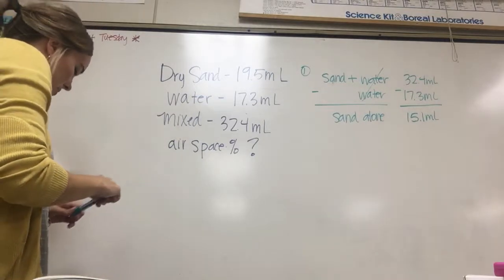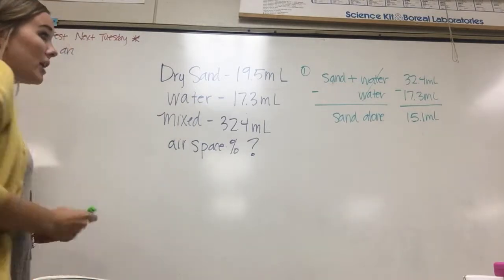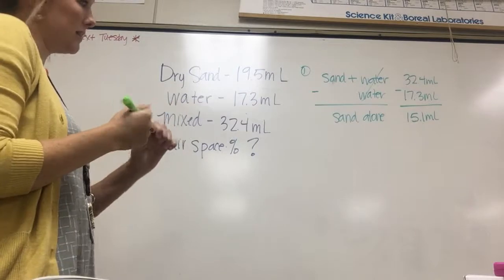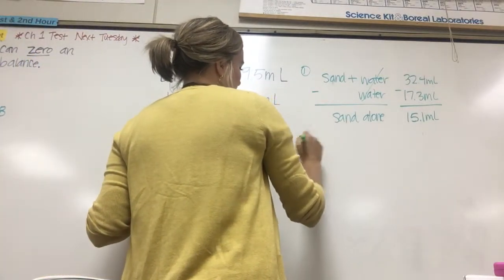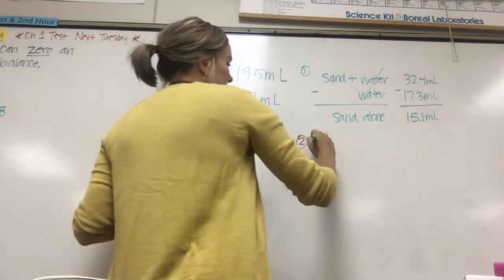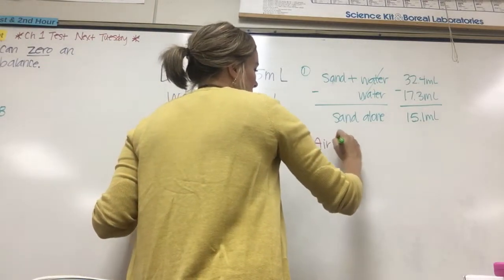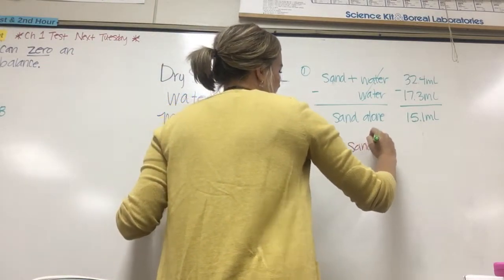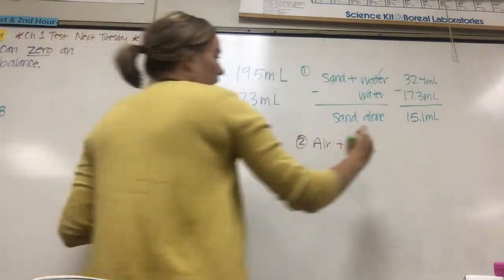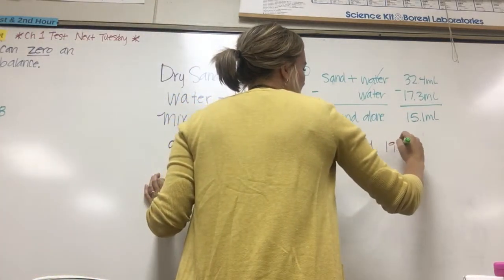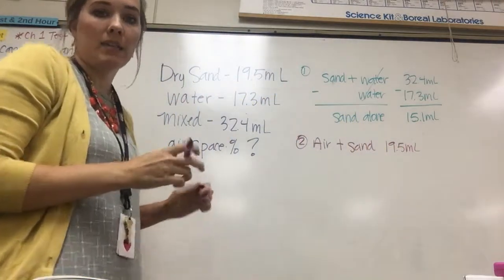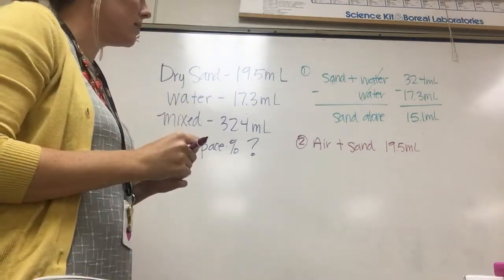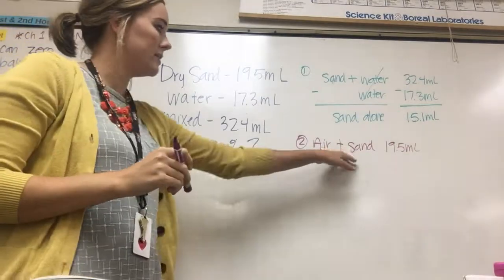Now, step two, we need to solve for how much air was in this dry sand. So in our dry sand, when I say dry sand, dry sand means air and sand. We had 19.5 mils. When I say mils, I mean milliliters. 19.5 mils of dry sand, so air and sand.